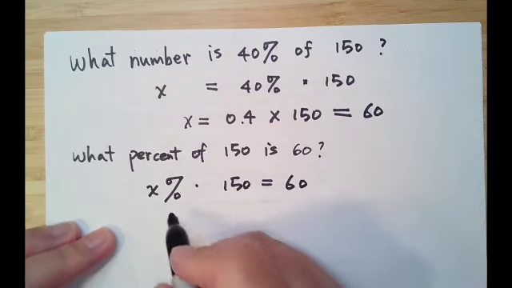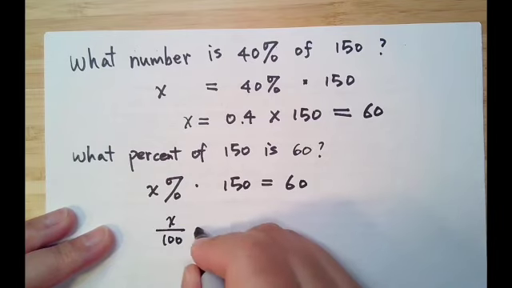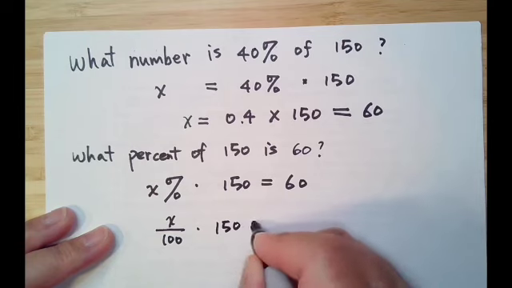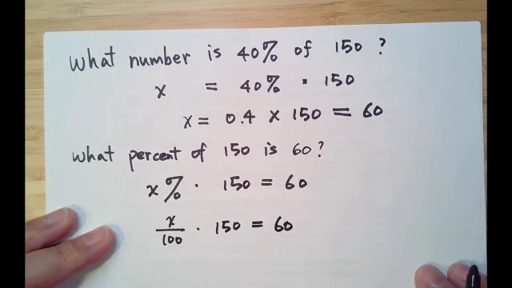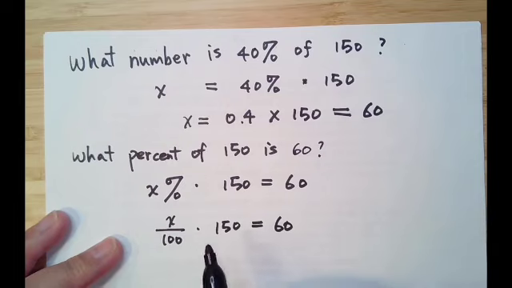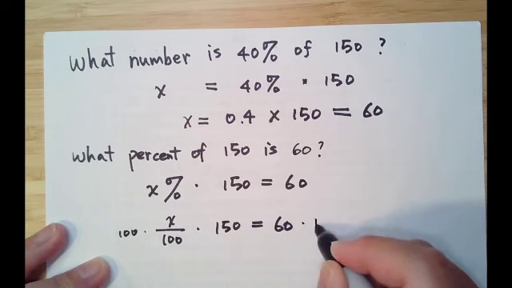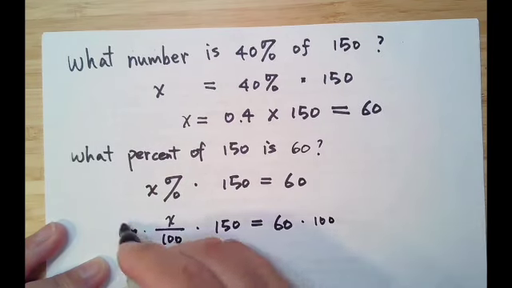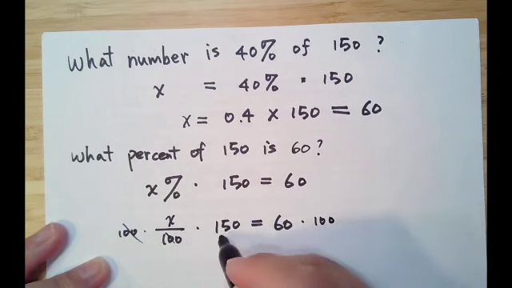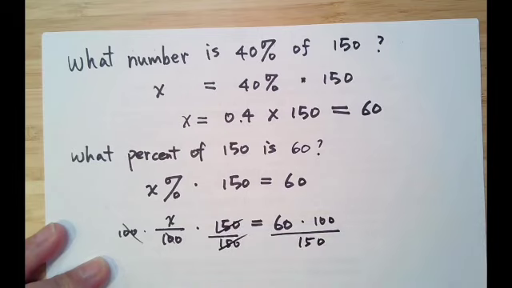Remember, x percent is x over 100. Remember that. Times 150 equals 60. Okay, now this is a linear equation, and what we can do is multiply by 100 on both sides, because I want to cancel that. And we divide by 150 on both sides, because I want to cancel this.